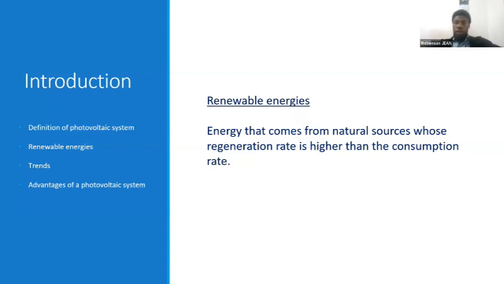If the rate of consumption of the wood is not higher than the rate of regeneration of the forest, we cannot say that wood as biomass is renewable energy. So to consider it as a renewable energy, the rate of consumption should be less than the rate of generation. Okay.